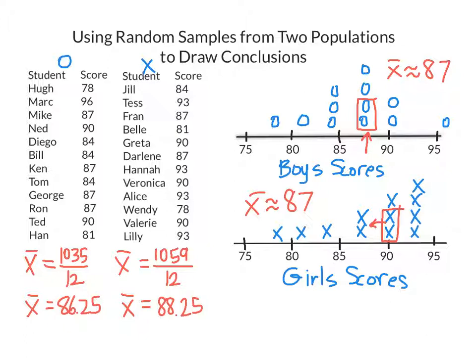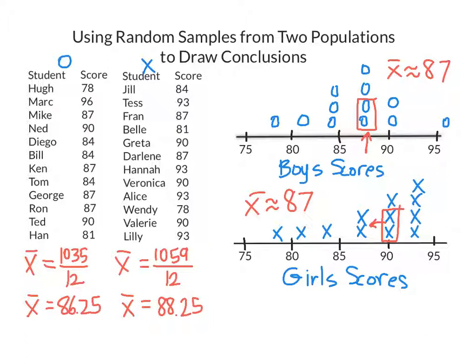And the girls, like I said, a little bit higher than the 87, maybe more around 88, and it was closer, 88.25. You can see that it was pulled toward the tail for the girls here. So according to our means, the girls are doing slightly better. In fact, it looks like 2% better according to these samples.